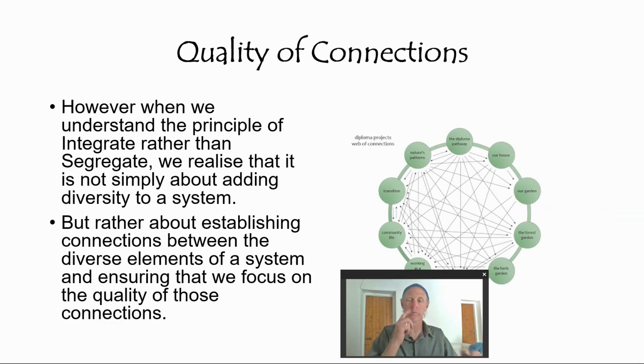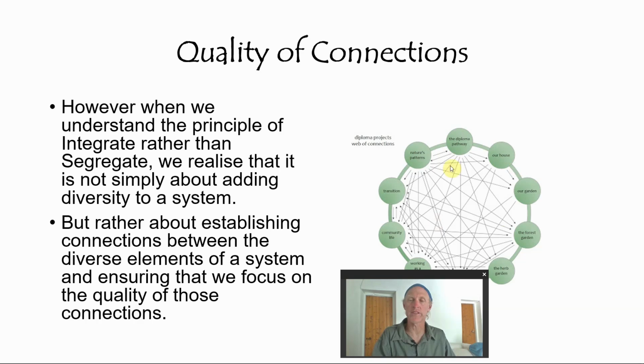And with this principle, what we're actually doing is looking at connections. And we're not just looking at connections themselves, we're looking at the quality of these connections. So it's not just about diversity as we saw in the previous principle, it's about integrating diversity in meaningful ways, whereby all the different elements in the system can connect in as many ways as possible.